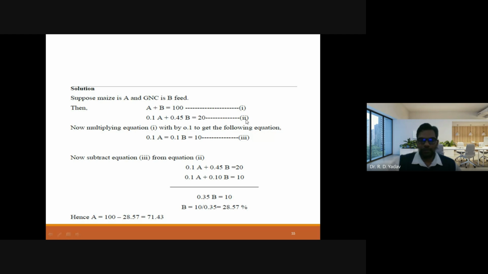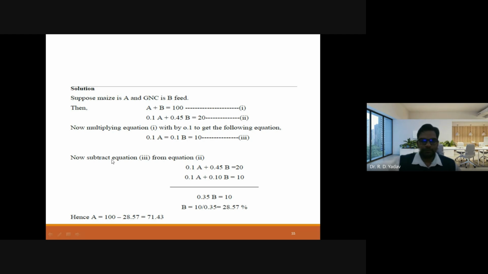So equation number two will come. Now multiplying equation 1 with 0.1 to get equation three. If we multiply equation 1, that is a plus b is equal to 100, by 0.1, we will get equation three: 0.1a plus 0.1b is equal to 10.